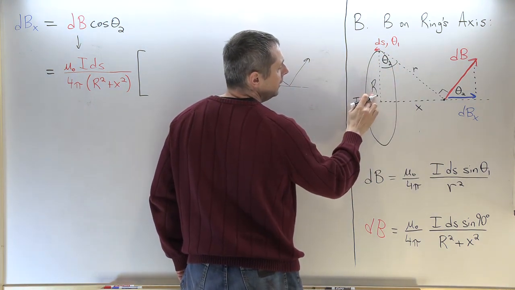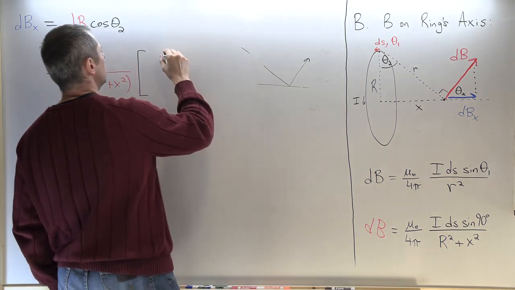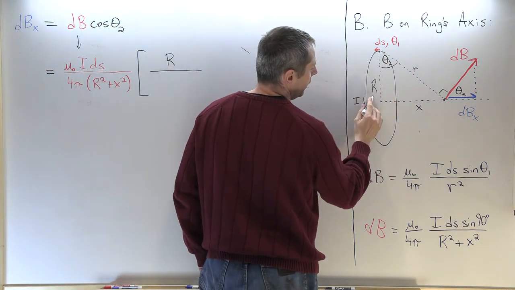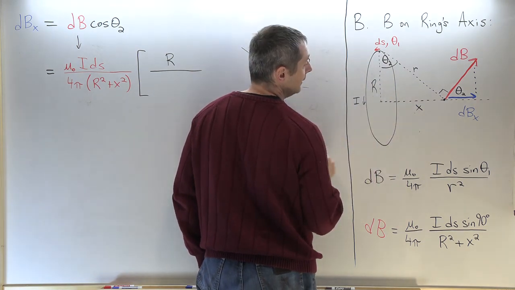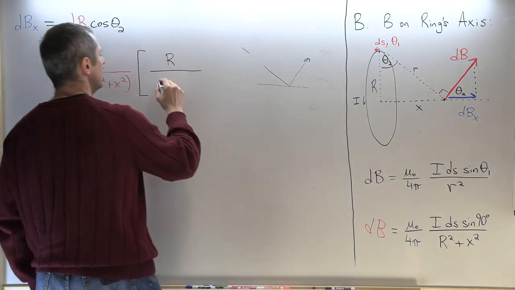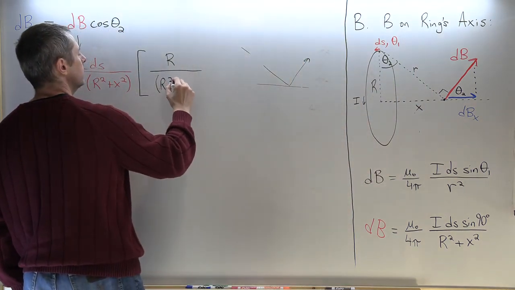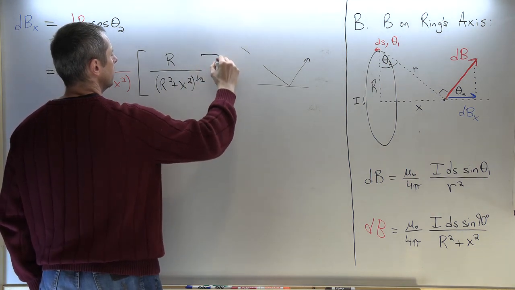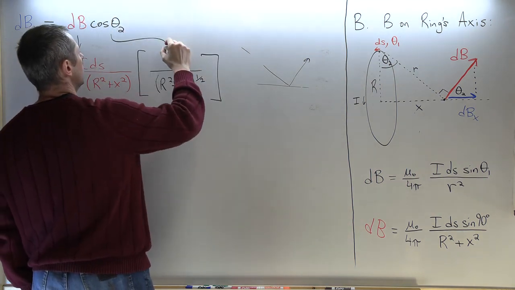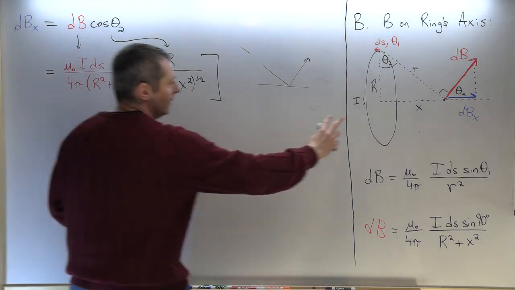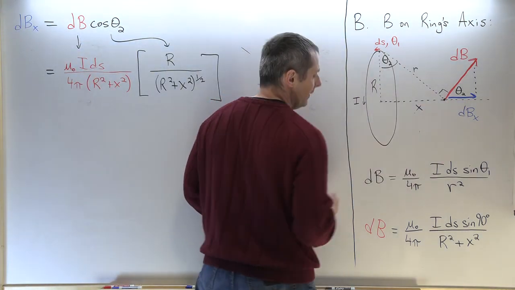The adjacent side being capital R. And the hypotenuse will be the square root of these two squared added together from the Pythagorean theorem. So it's this over that, so there is cosine theta. All right, so now that's this dBx caused by that ds.